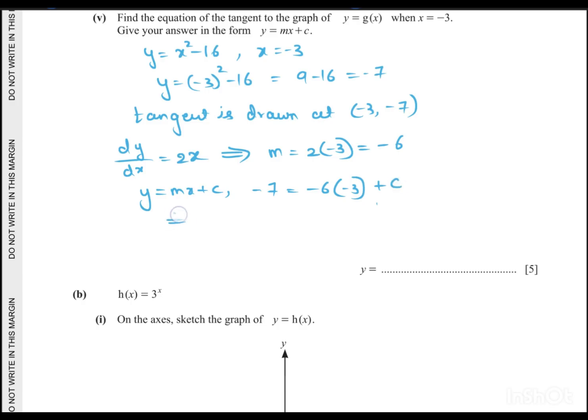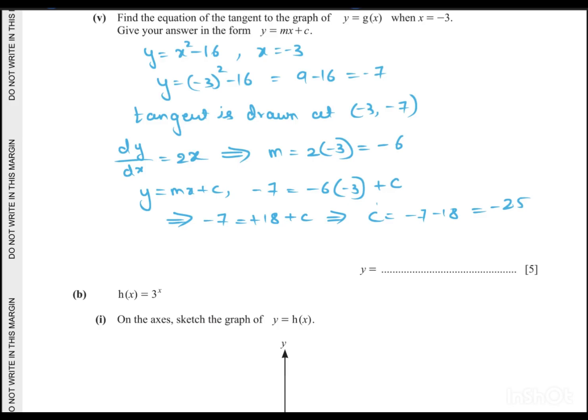This gives minus 7 is equal to plus 18 plus c. c will be equal to minus 7 minus 18, which is minus 25.